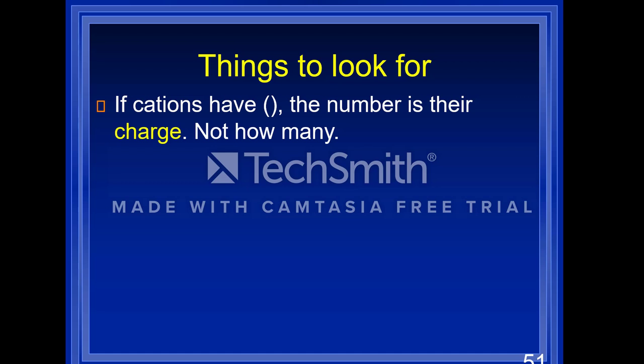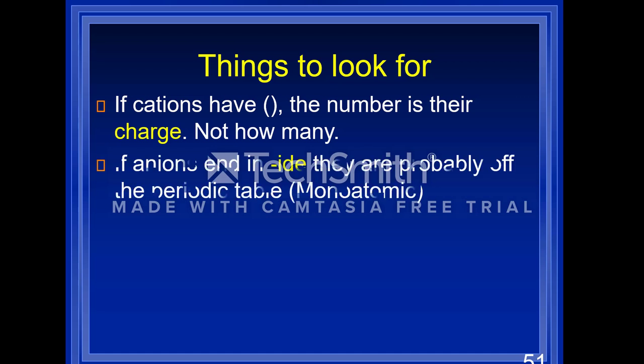If the anion ends in IDE, it's probably off the periodic table. There's only 2 exceptions to that, and that is cyanide and hydroxide. And cyanide and hydroxide, their name almost spells what's in them. Hydroxide, that's a hydrogen and an oxygen, OH. Cyanide, CN, carbon and nitrogen.